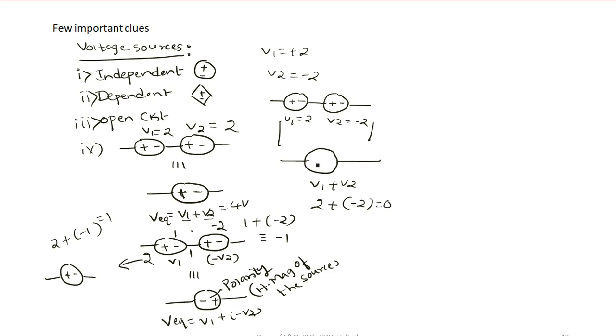So 0 volts means, since we have the same magnitude with opposite polarity, 0 voltage is represented with what? Short circuit, right? So no need to represent a voltage source here. If equivalent voltage is 0, that will be a short. If it is infinite, it will be an open.